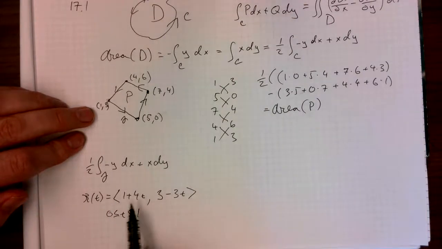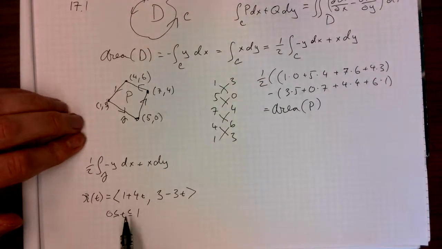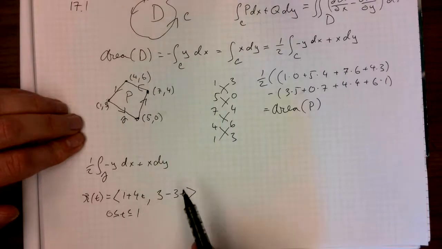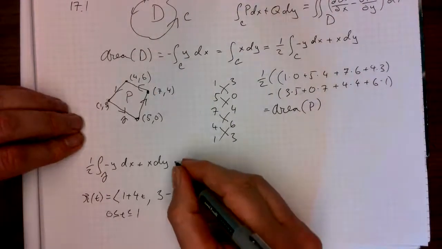So at 0 I get (1, 3), and at 1 I get (5, 0). Great.